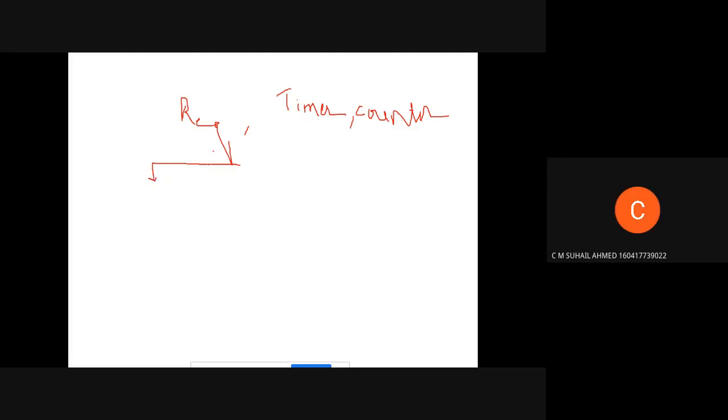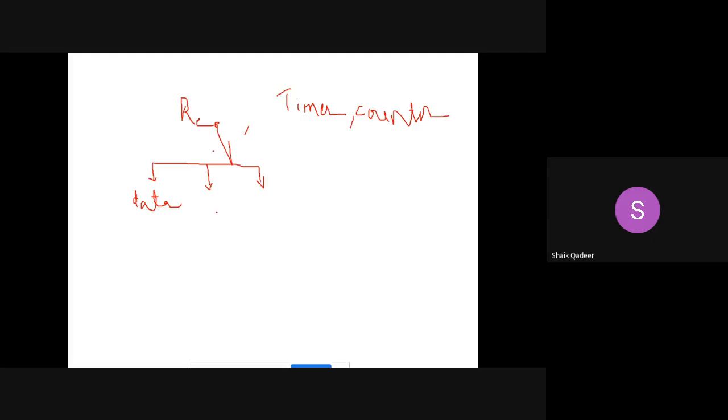Yes, sir. What is register according to you? It is a place at which we can hold data. Agree? Yes, no? Yes. So, register can hold data.